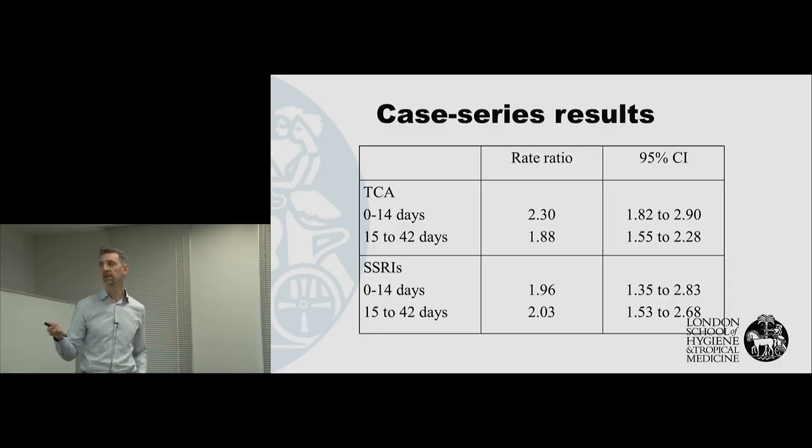But the other thing to notice is that the effect estimates are lower than they were for the case control design, which was comparing against no treatment. Interestingly, here we've got both the fact that the association is more similar for the two types of drugs, and that the effect estimate is lower.